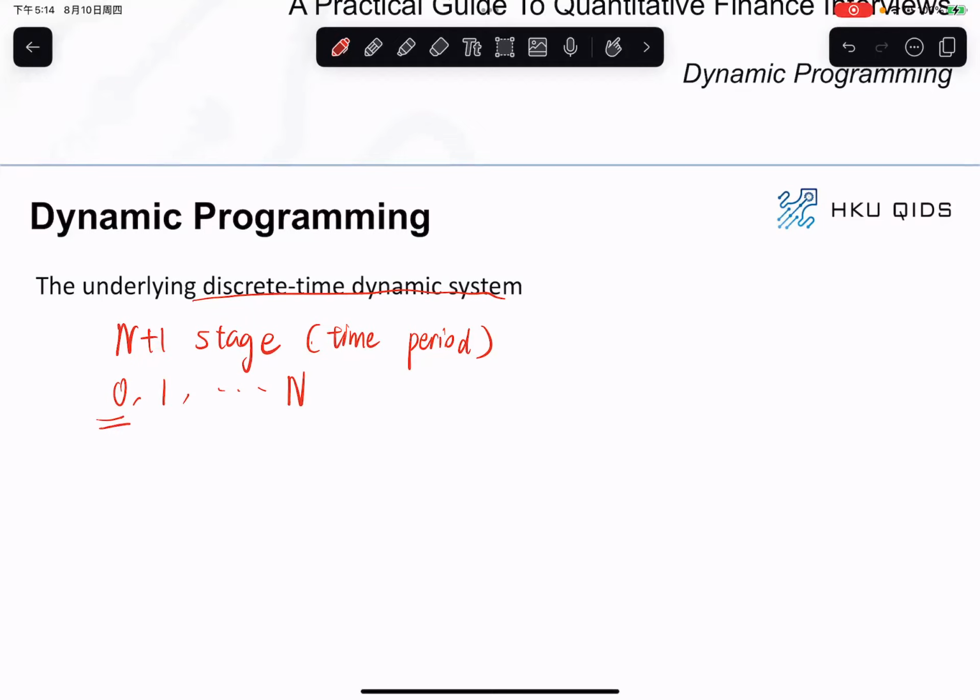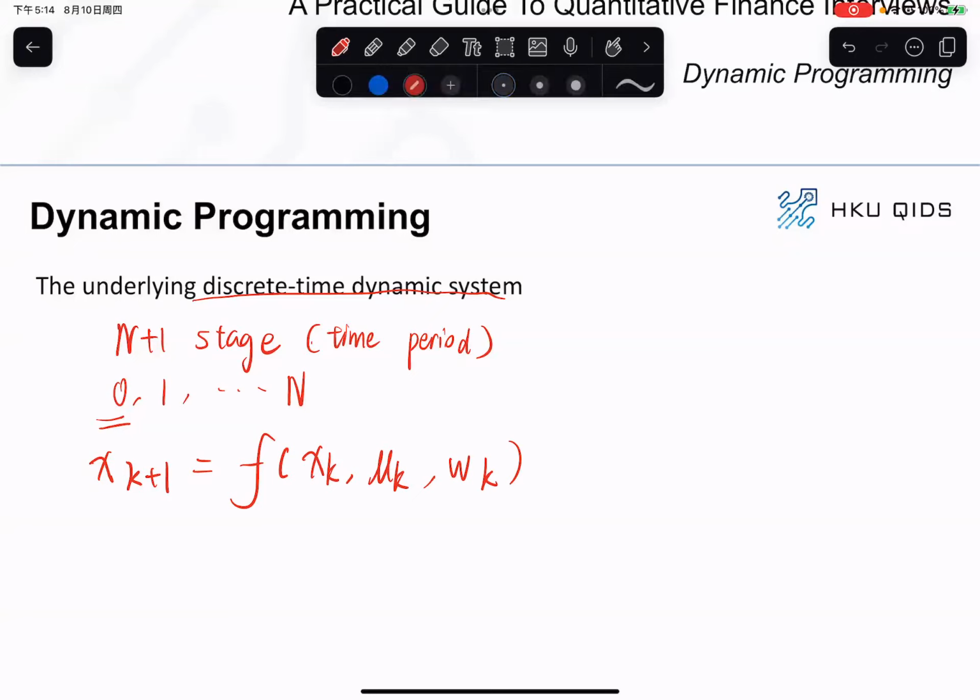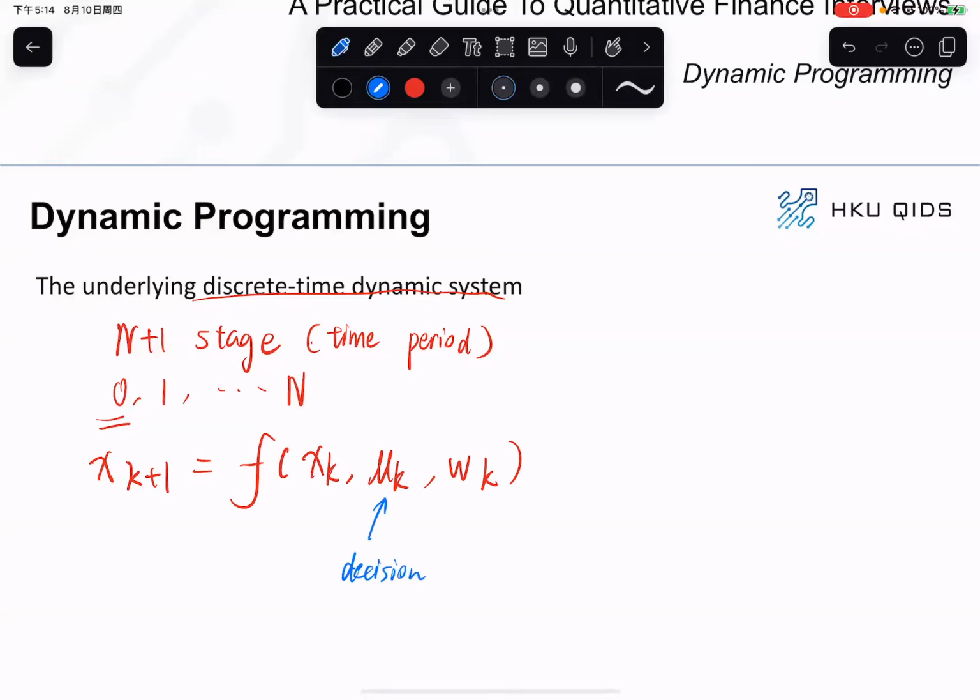The state transition can be expressed as x_{k+1} is a function of x_k, which is the previous state, u_k, which is the decision, and w_k. This u_k is the decision, and w_k is the random parameter, which we also call disturbance.